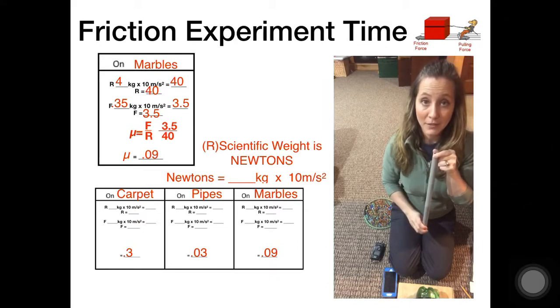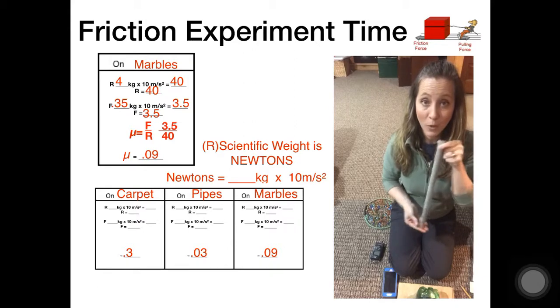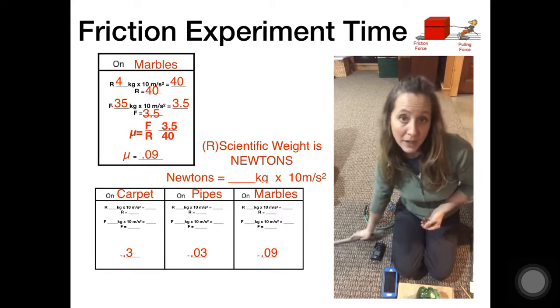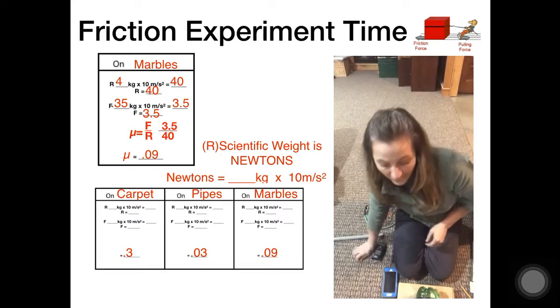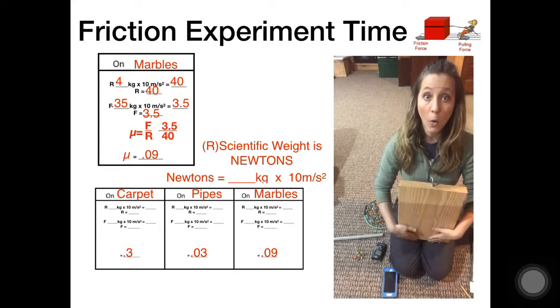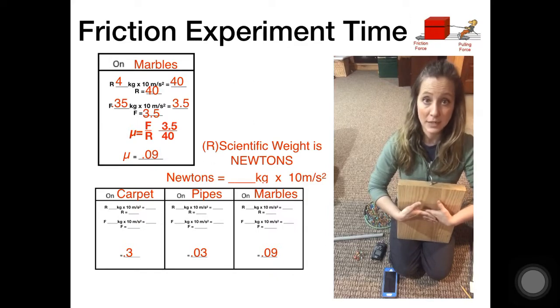If you remember the definition of friction, it was 2 surfaces that are holding together, and the surfaces that are holding together in each one of these things, obviously when the carpet, there was a whole bunch of surface area, like this whole bottom of the board was touching carpet, so there was a lot of surface that was touching each other, wanting to stick to each other.